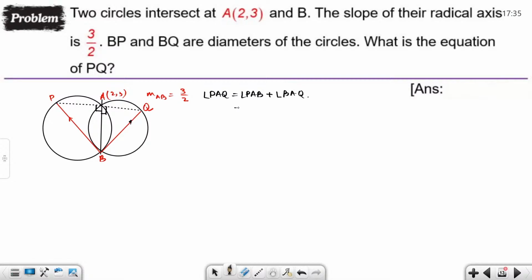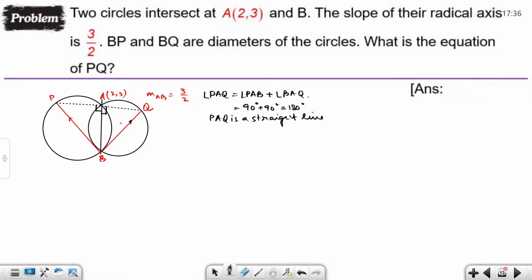Now we have proved that this is 90, this is 90, this gives us 180. That is, PAQ is a straight line. Have you understood the logic? It is a straight line. Now the moment you have that PAQ is a straight line, it is possible for us to find out its equation. Yes or no?